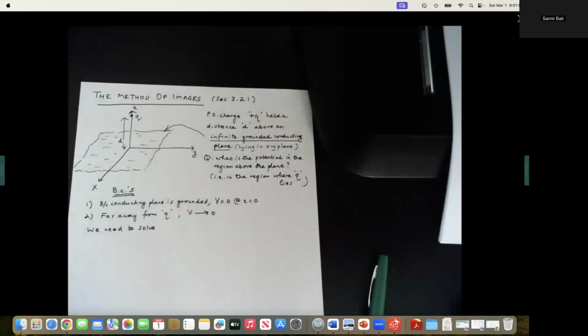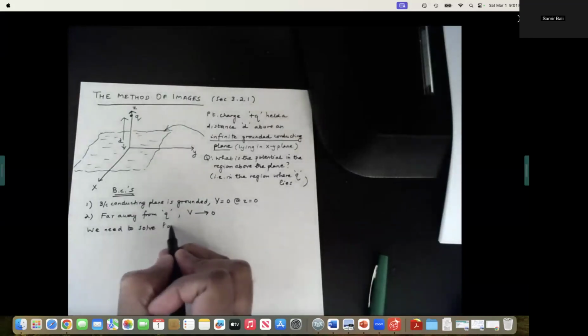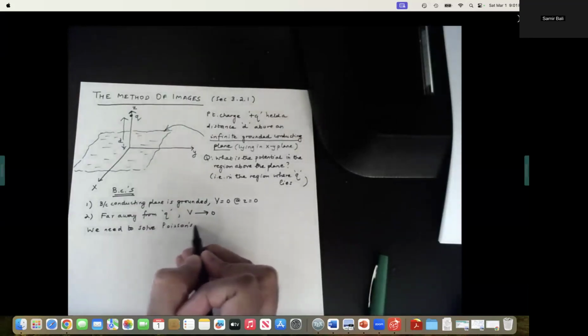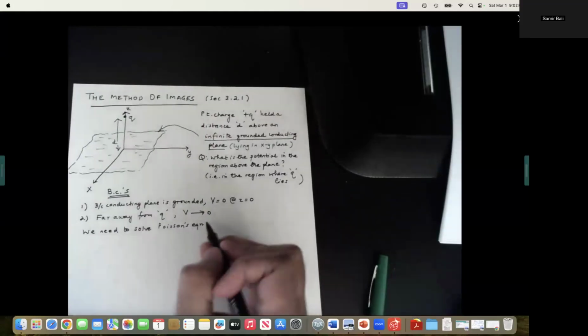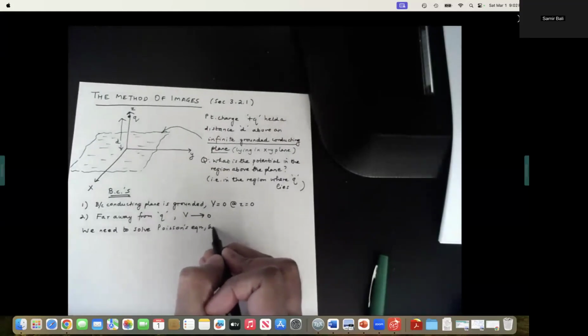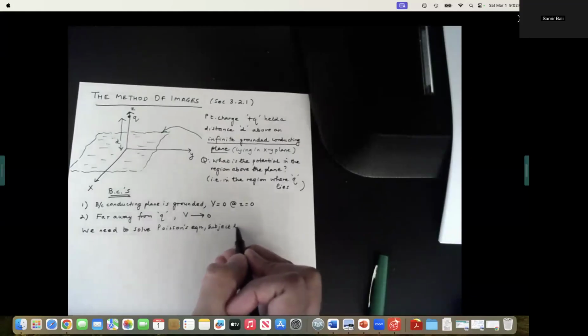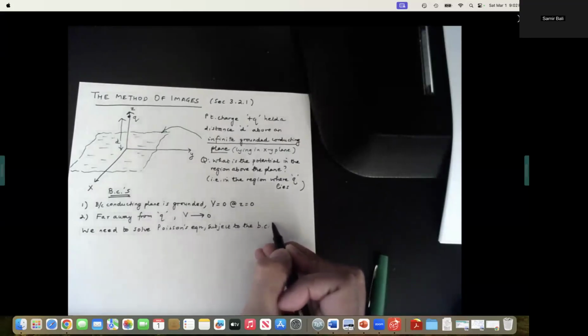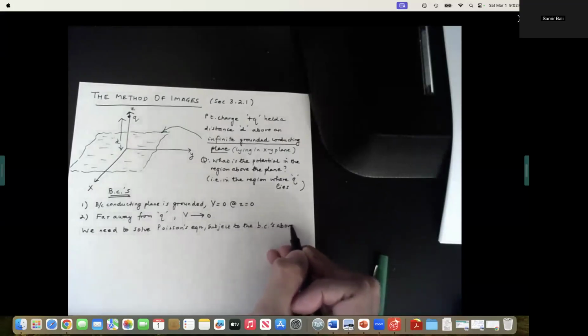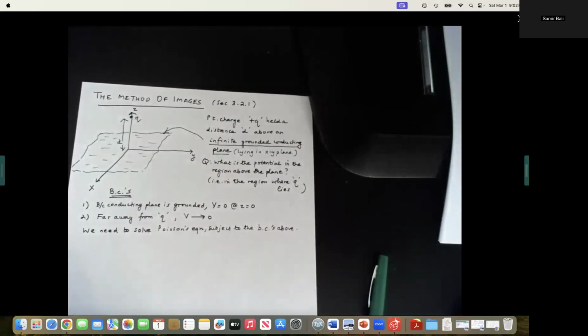So we have to solve Poisson's equation, and of course, subject to the boundary conditions above. That's what our task is.